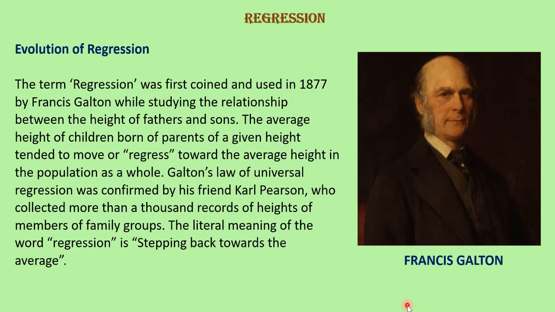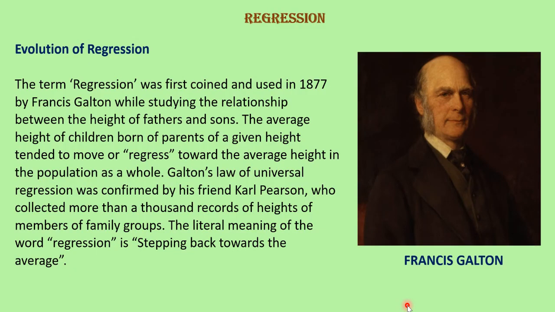So I started with regression. The term regression was coined by Francis Galton in the year 1877. Then you must be able to define regression. It is found in your book, page number 271. What does regression mean? You have to give that answer. That is the answer for question number 26. Regression is the study of relationship between the variables.